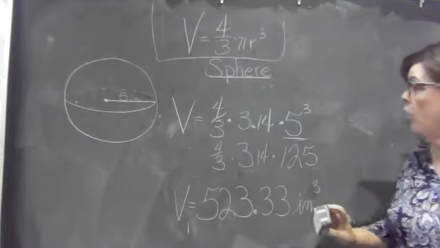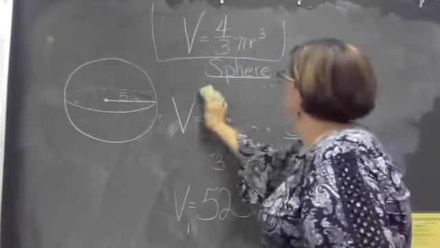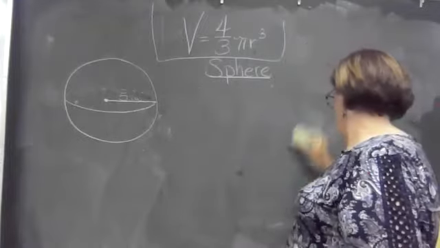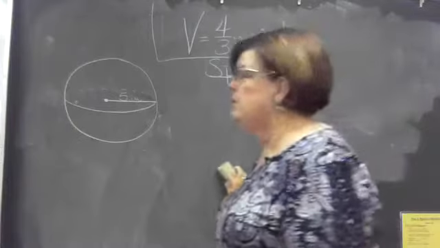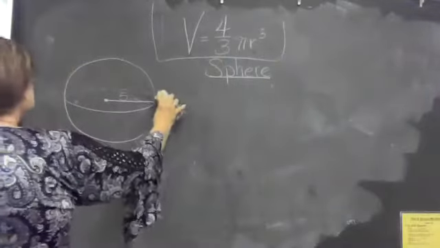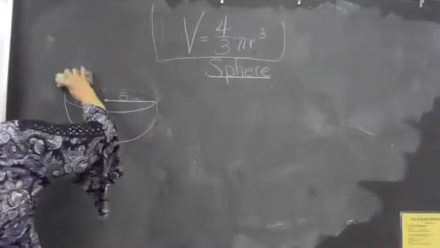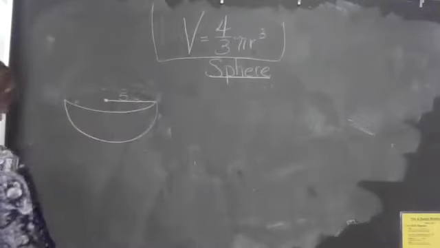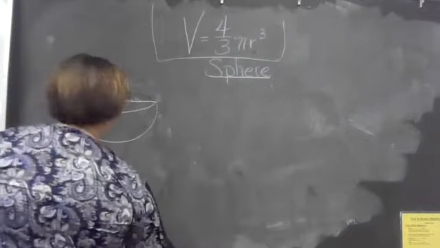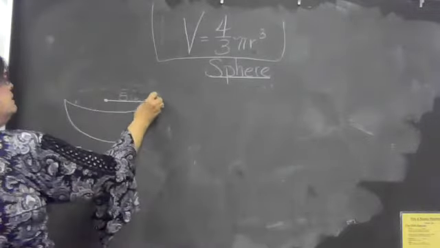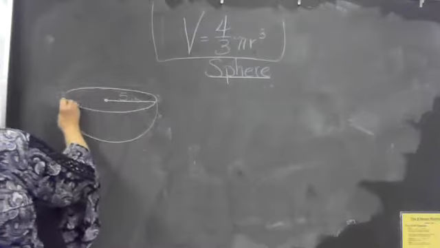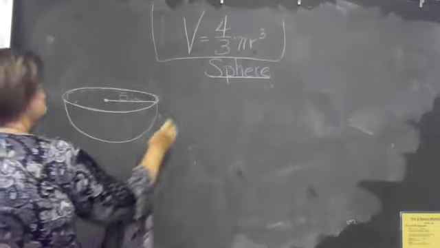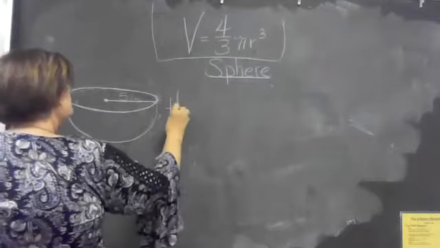Okay. Now, what we're going to do is find the volume of a hemisphere. Hemisphere means part of the sphere, like we chopped it in half, and I only want the volume of the bowl part. See how it looks like a bowl right here? This is called a hemisphere.